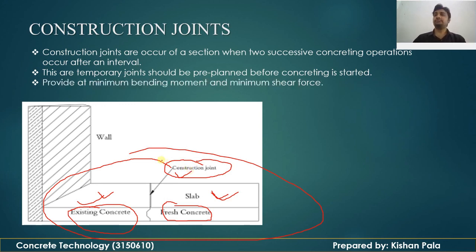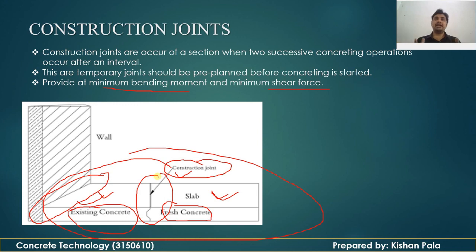Next, where do we have to provide this type of joint? Remember the important thing that you have to provide these joints at minimum bending moment and minimum shear force. We know that in a concrete element, in the end portion there will be maximum shear force, and in the middle portion there is maximum bending moment in a rigid element.